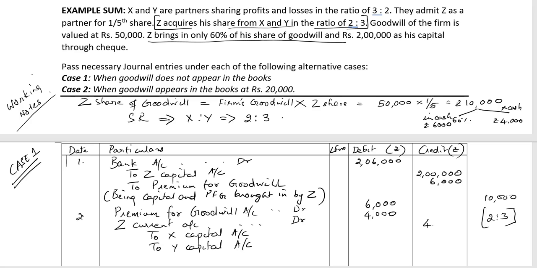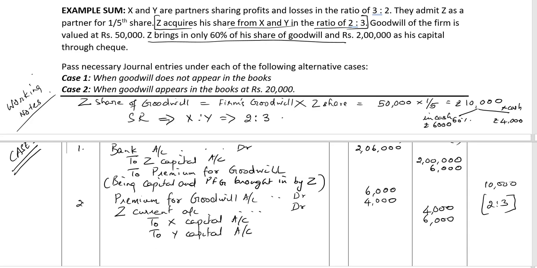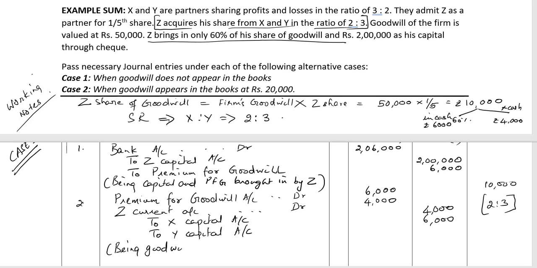So against X we have 4,000 rupees and against Y we have 6,000 rupees. So the narration is goodwill adjusted at the time of Z's admission.